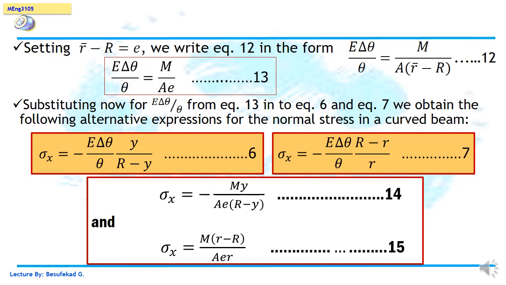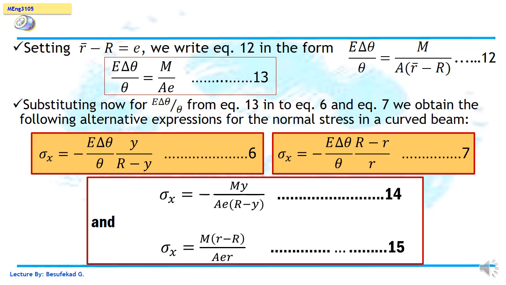You can use this one, or you can use the bottom one, which is sigma x equal to M (r minus r_n) divided by how much? A e r is going to be the expression. So you can use this one or this one to find out the stress induced in a curved beam. I'll show you how you apply this expression with an example.